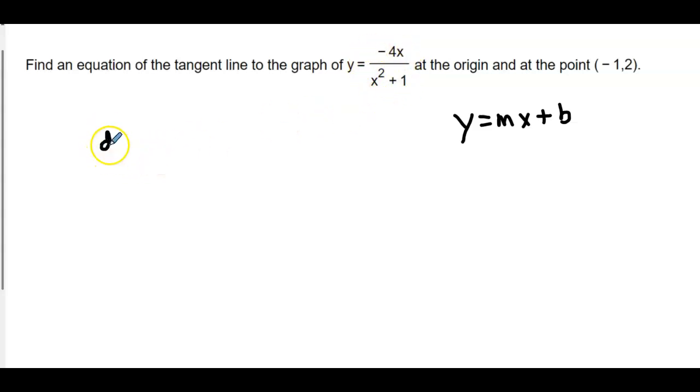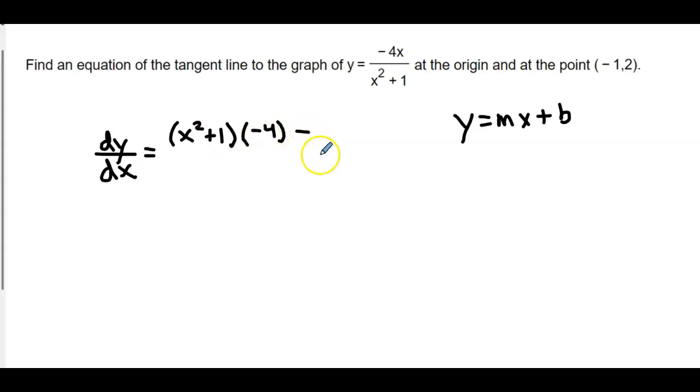So we'll use the quotient rule to find the derivative. I'll notate the derivative as dy by dx. And for the quotient rule, we're going to write the denominator, which is x squared plus 1, times the derivative of our numerator, which is just going to be negative 4. This makes up the first term here.